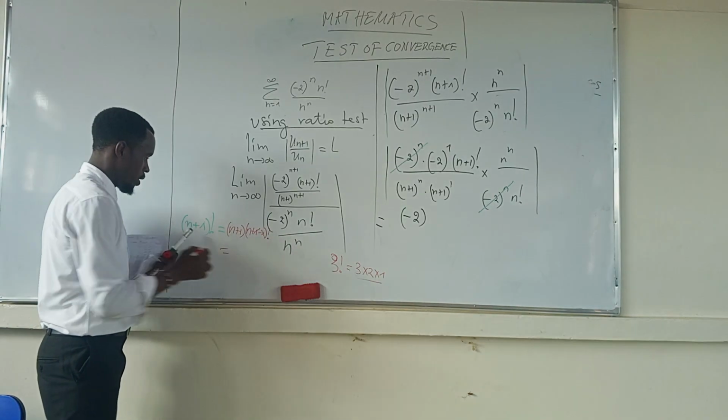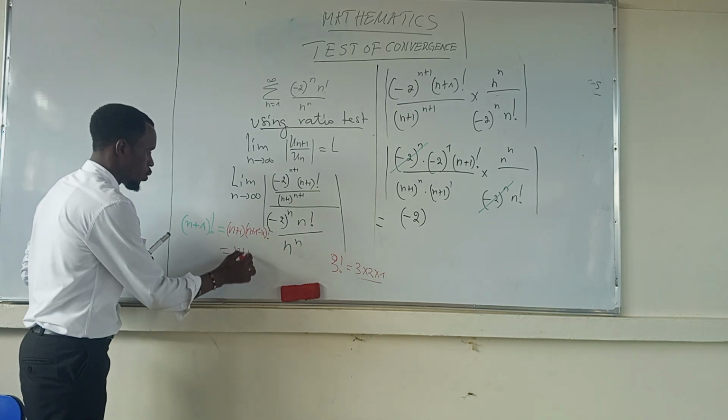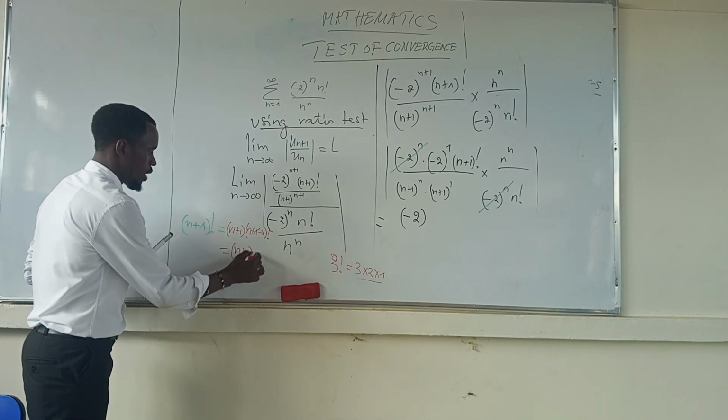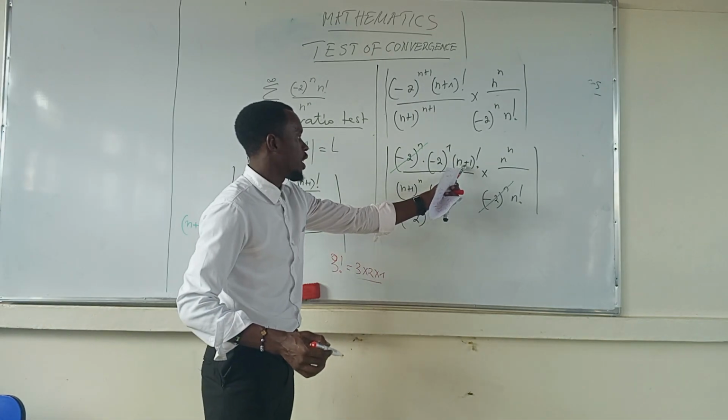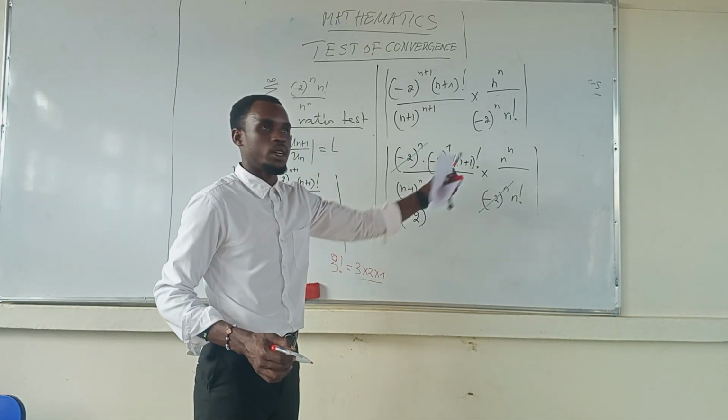I remain with n plus 1 times n factorial. So I take this and plug it in there as the value for n plus 1 factorial.